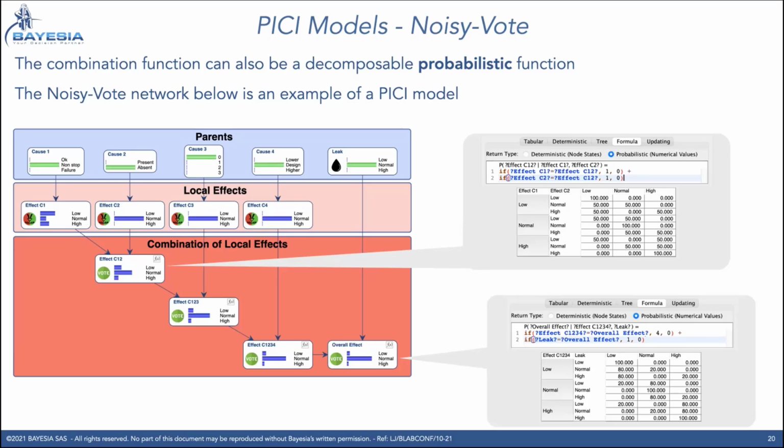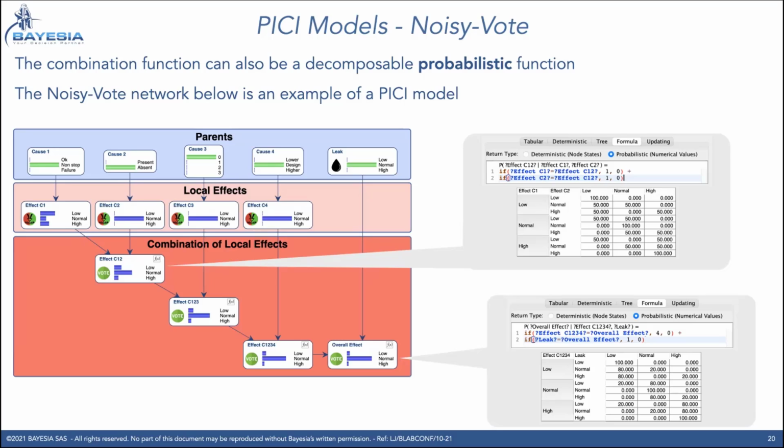And then we just count here. So you see with this equation, in that case, for effect C1 and effect C2, when both are low, I have 100% for low. When there is one low, one normal, it's 50-50. When I have one low, one high, it's 50, 0, 50, right? So we're just counting here. And at the very end, given that we are using all these ones, you have to remember how many causes you already processed.